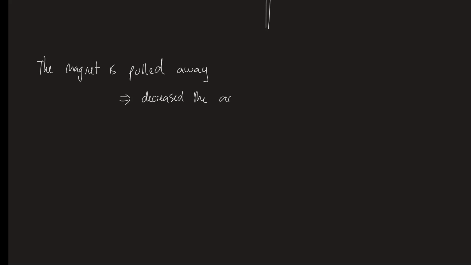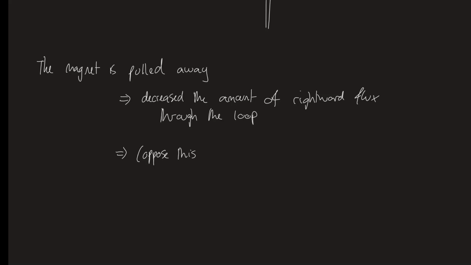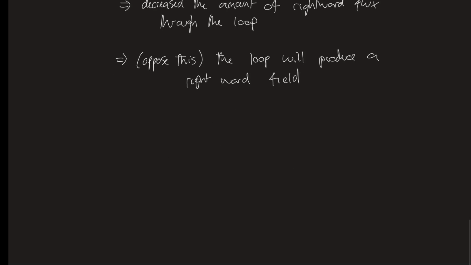In accordance with Lenz's law, the loop is going to respond in opposition to this. So to oppose this, the loop will produce a rightward field. A field with field lines directed to the right.